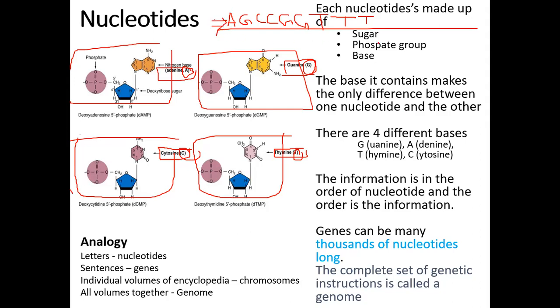So each of these nucleotides is made up of a sugar, a phosphate group, and a base. Okay, you can see each of these building blocks A, C, T, G has basic building components. What are they? A sugar component and a phosphate group.